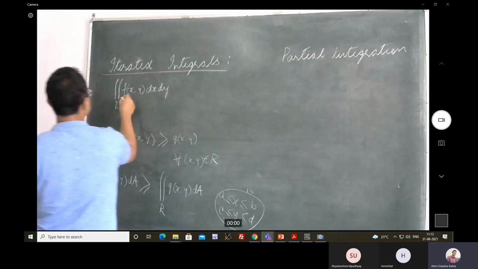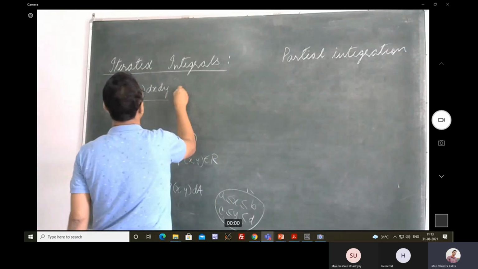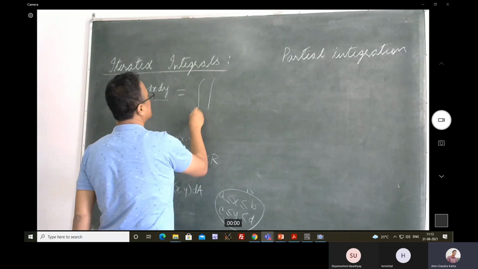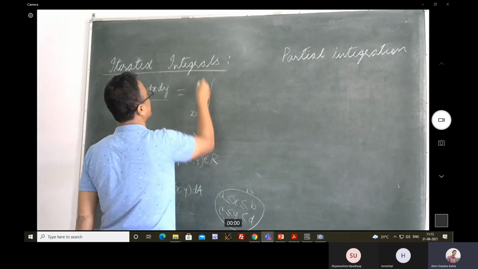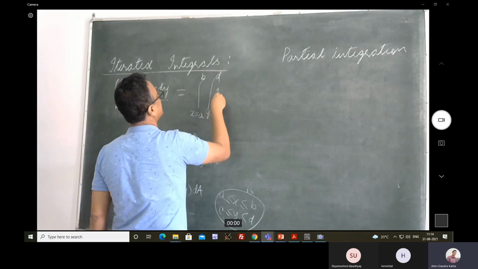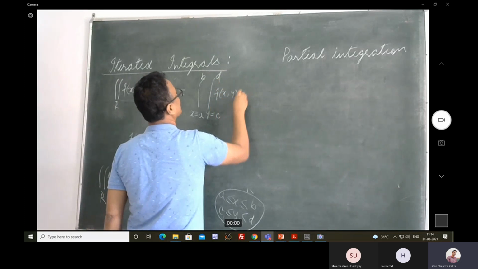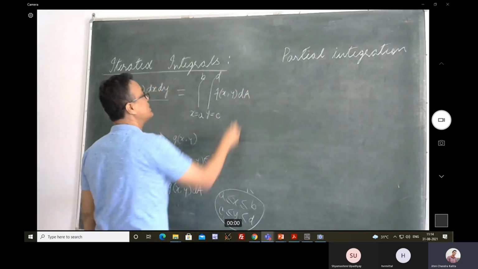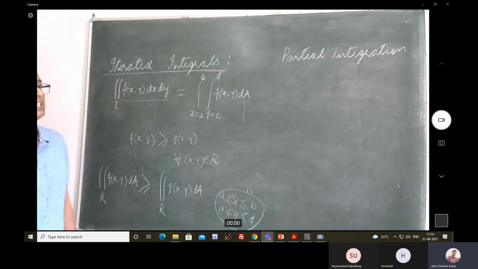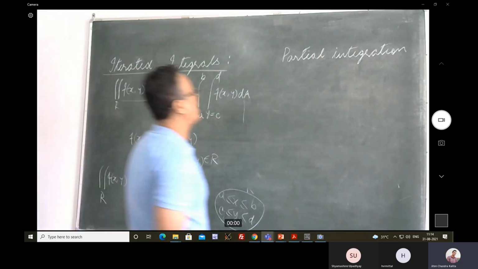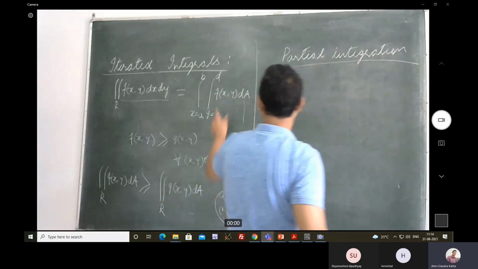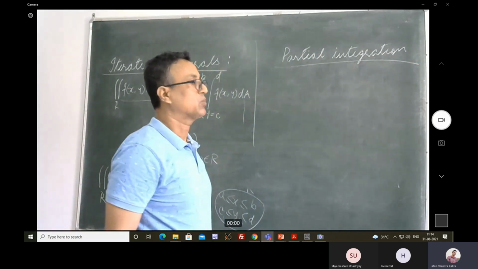Now you know that R is simply the rectangle where x goes from a to b and y goes from c to d, and dA could be dx dy or dy dx. In which order should we take it? With the help of the concept of partial integration, I'll be able to arrive at a conclusion there.